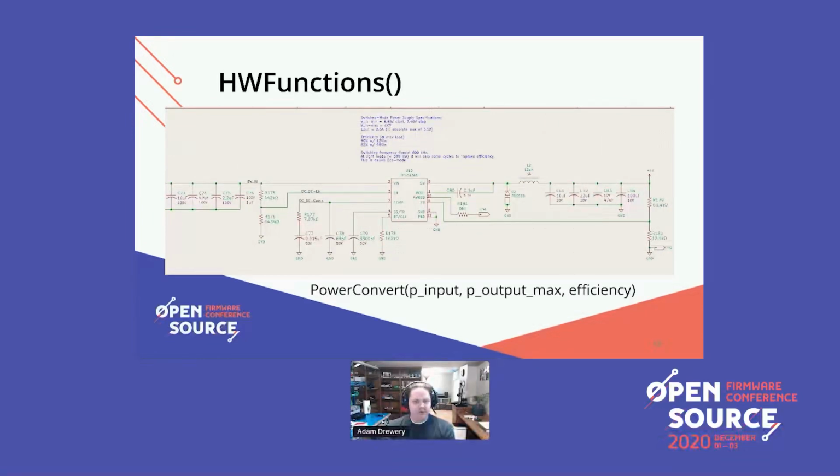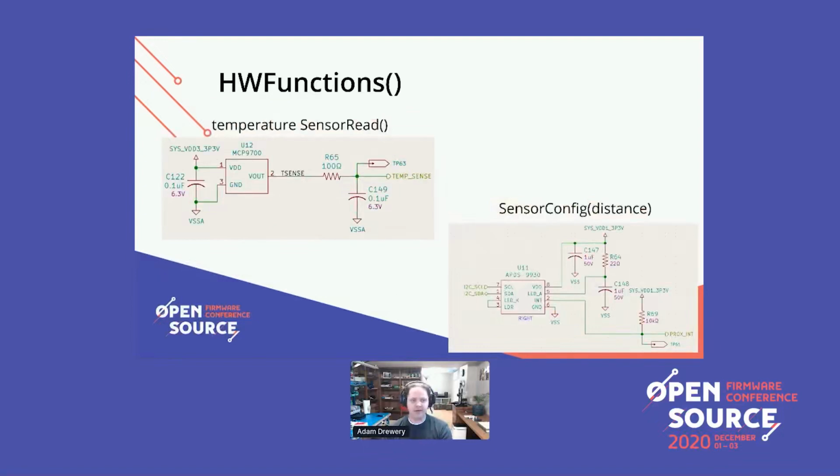So here you see a hardware function that is a power converter. So maybe we would give it an input power. We would give it the maximum output power and maybe a target efficiency. Or maybe we have a sensor that has a temperature sensor.